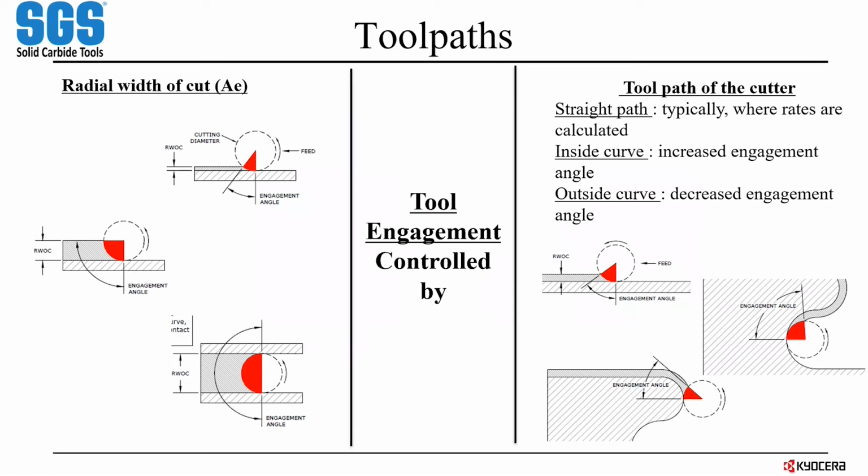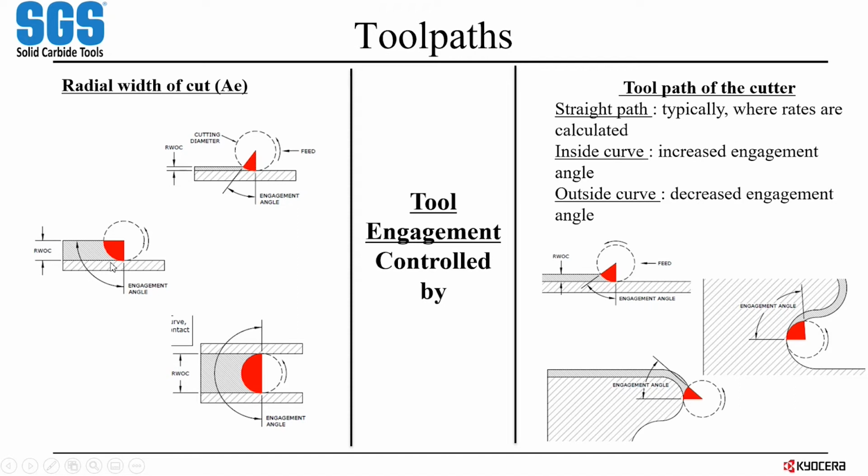So tool engagement, what does that really look like? Here on the left, you'll see your radial width of cut. This is your radial step over. As your step over increases, that tool engagement increases as well. This is a 10% cut, a pretty small angle of engagement there. Now we get to a 50%, and we have a much more significant portion of the tool engaged.